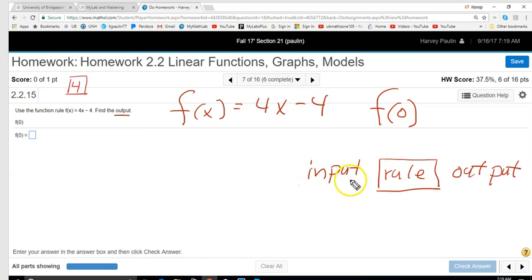Again, the input is our x value that we put into the rule, which is this, and then the output is our y value. Again, x is the independent variable, y is the dependent variable. So if we put a 0 in there, this one we can do mentally. 4 times 0 is 0, so this is just going to be -4.